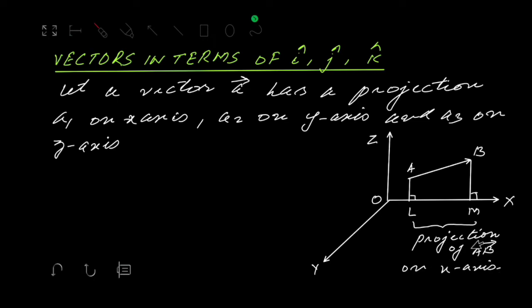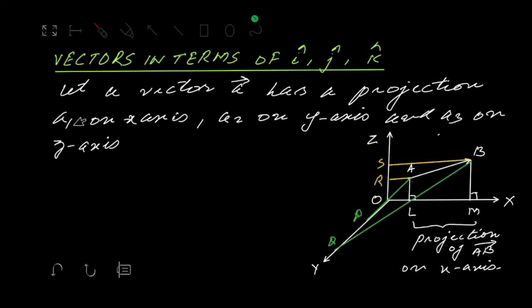In a simpler concept, you may consider the projection of a vector as a shadow falling over x-axis if a light source is mounted above the vector AB. Similar is the concept of projection on y-axis.